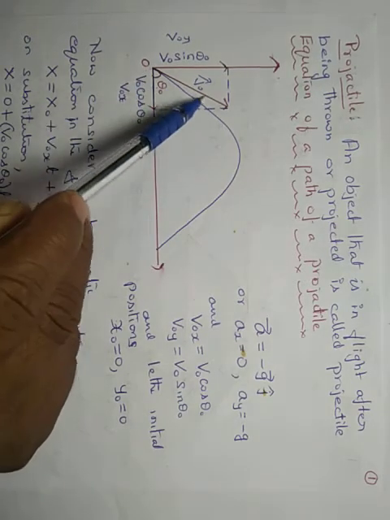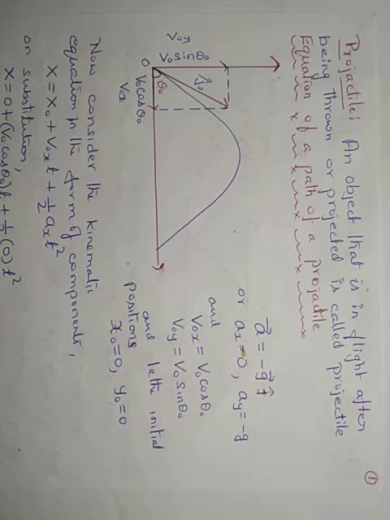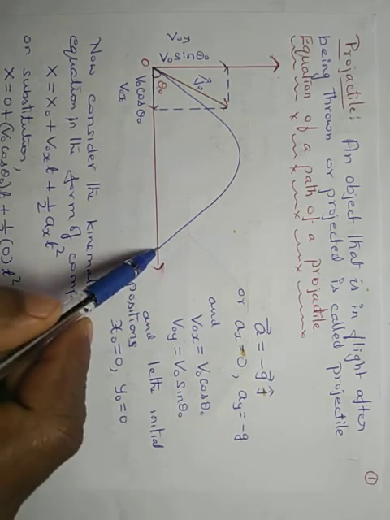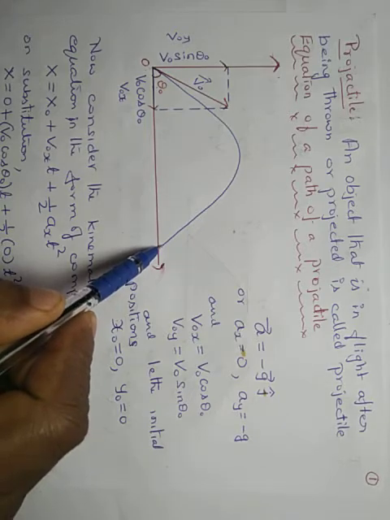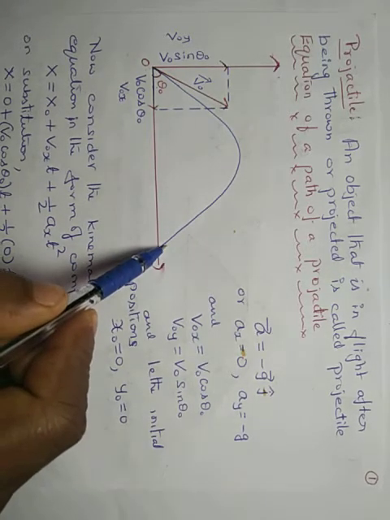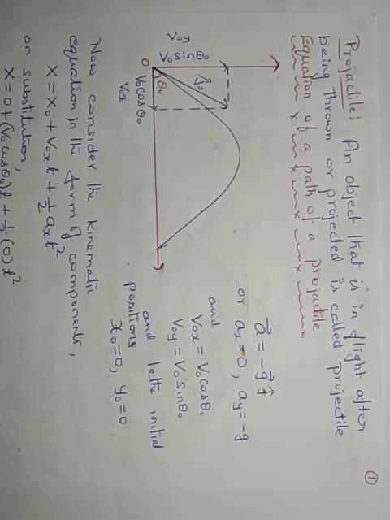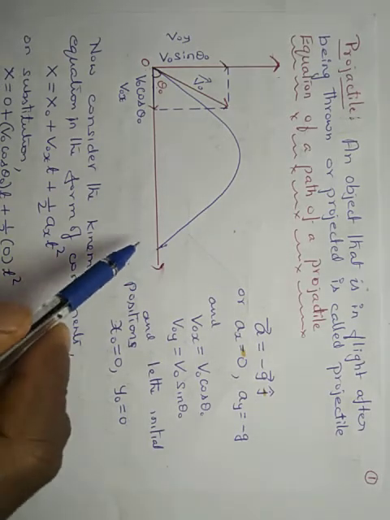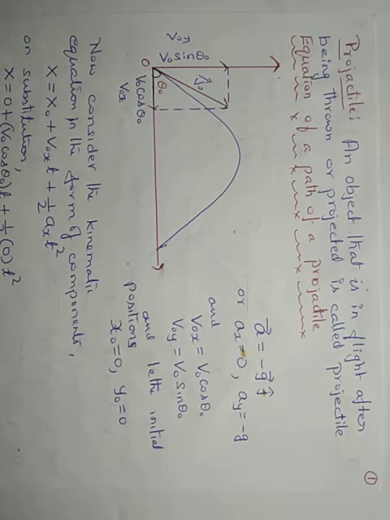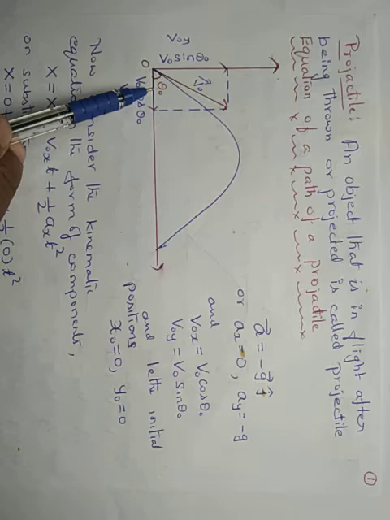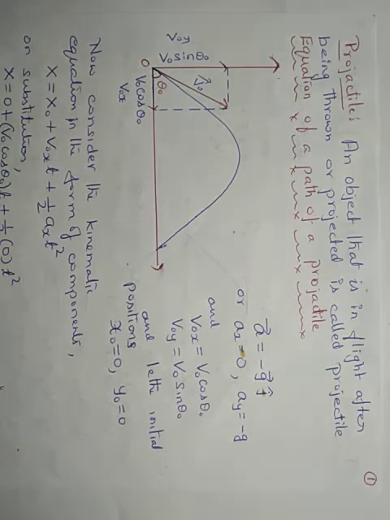If you draw the tangent to this curve at a point, we get the final velocity, or somewhere here we may get the intermediate velocity. So V naught is the initial velocity vector with the initial angle theta naught.